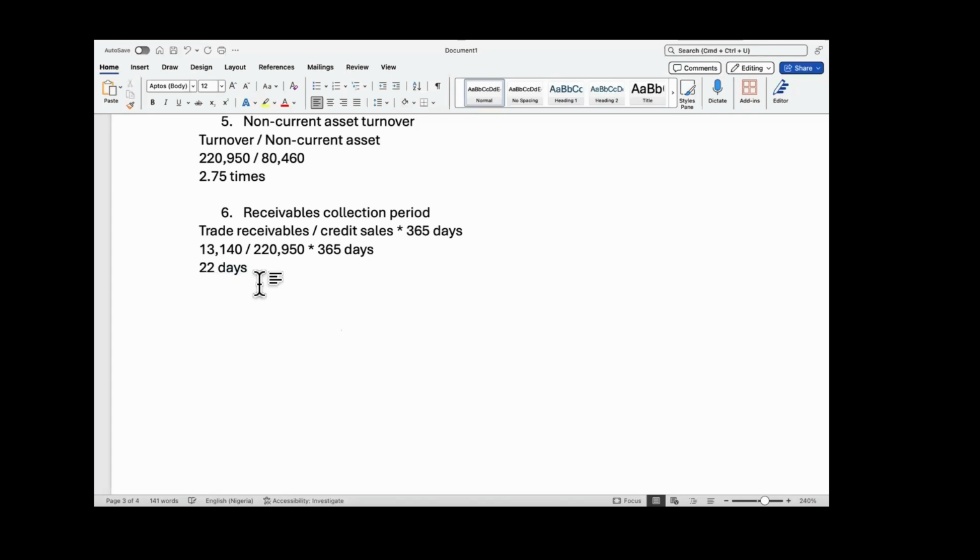So I want to guess that the next thing they will ask you to compute is payables payment period. And what will be the formula for payables payment period? Payables over credit purchases times 365 days.